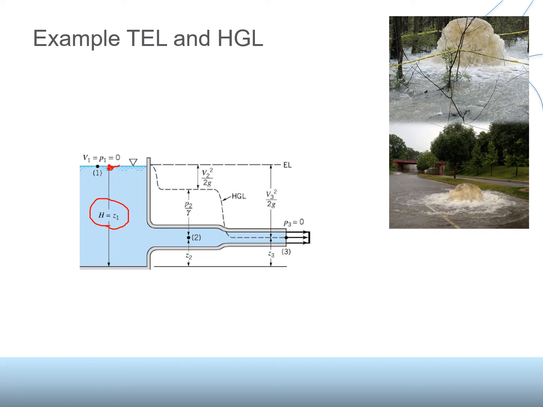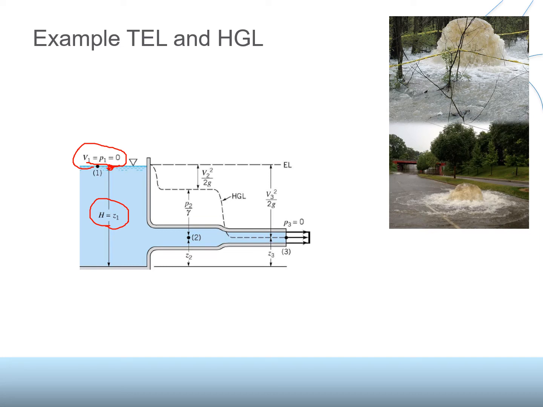So the total head at this point is only the elevation head, because the total head is the summation of elevation head plus pressure head plus velocity head. But because both velocity and pressure are 0, the total head is the elevation head only. So at this point, head equals Z1.